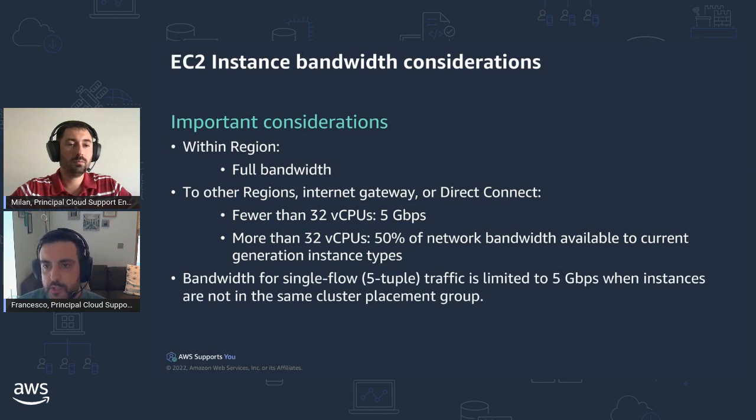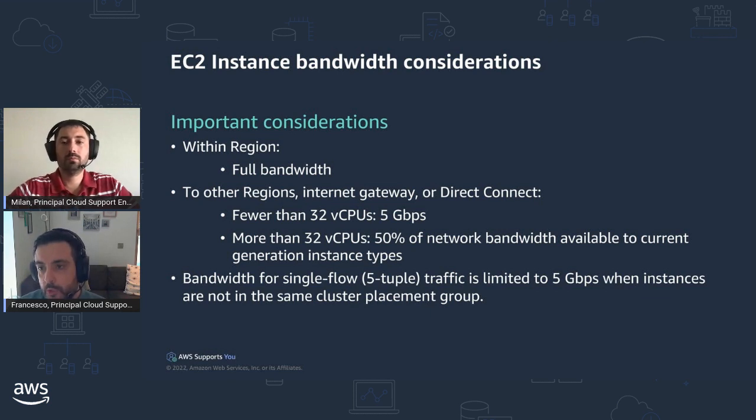A last couple of considerations. As we saw in the VPC page and slide, we don't really have a bandwidth limitation, but there are limitations when you're sending data from and to an instance. As long as you're staying in the same region, you're able to achieve the full bandwidth between two instances as advertised.